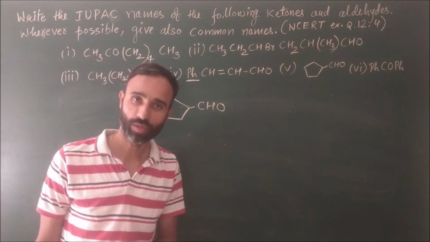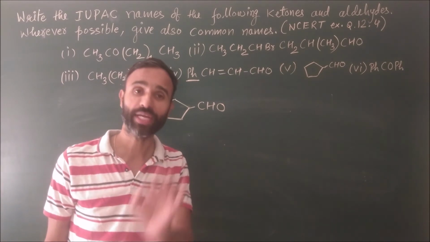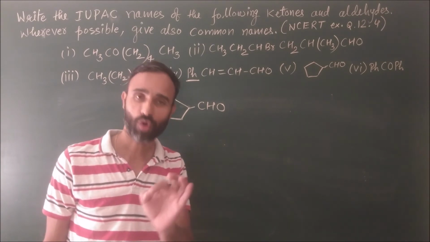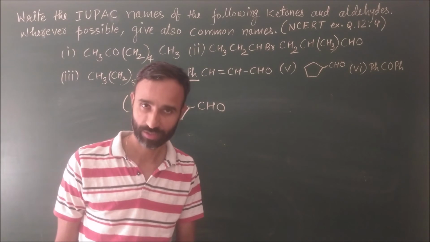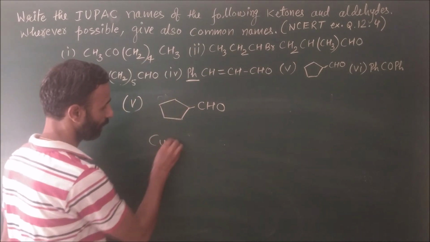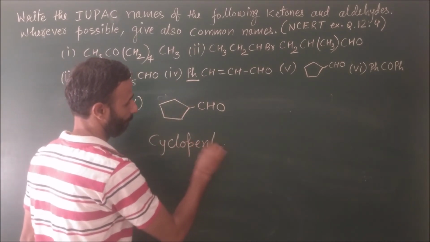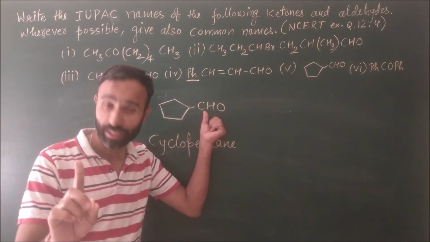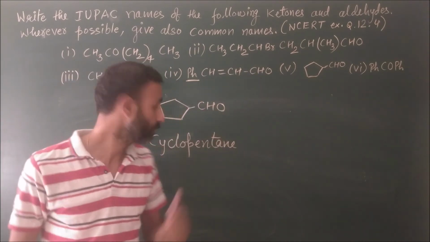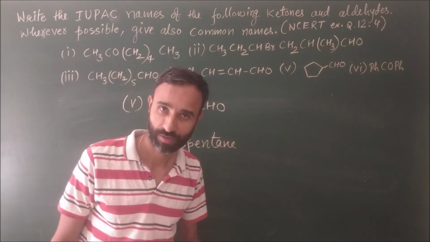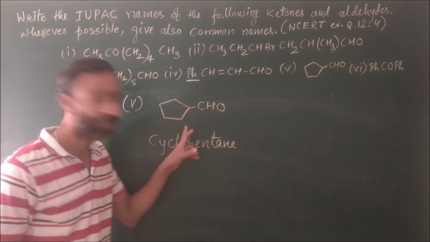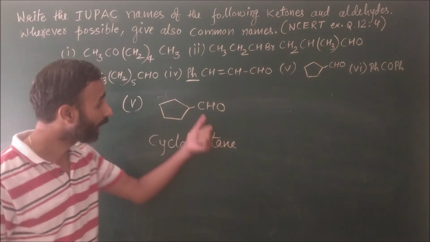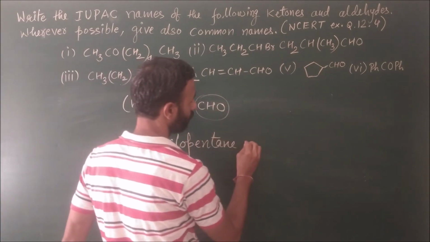As per the rule, when CHO will not get numbering in the word root, it is called carbonaldehyde. In cyclopentane, the carbon of CHO is not counted. If it is counted, then its name becomes cyclopentanal. But in a ring, CHO cannot be accommodated. So it is cyclopentane, and this is called carbonaldehyde.